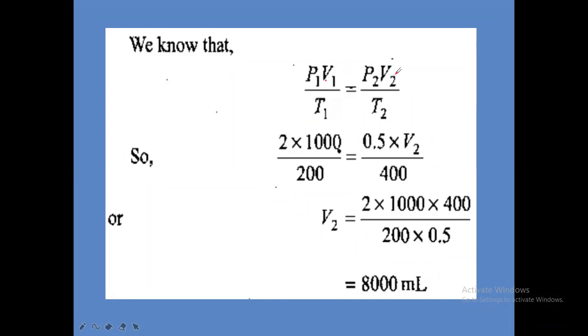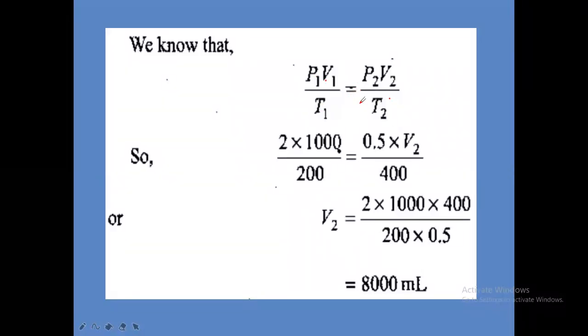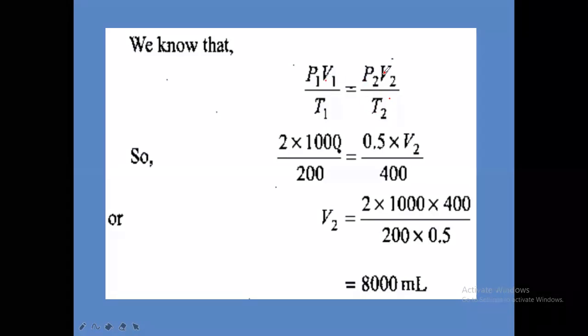By combining Charles law and Boyle's law, we got the equation P1 V1 by T1 is equal to P2 V2 by T2. And P1 by T1 is equal to P2 by T2 when V1 is equal to V2 is Gay-Lussac's law.